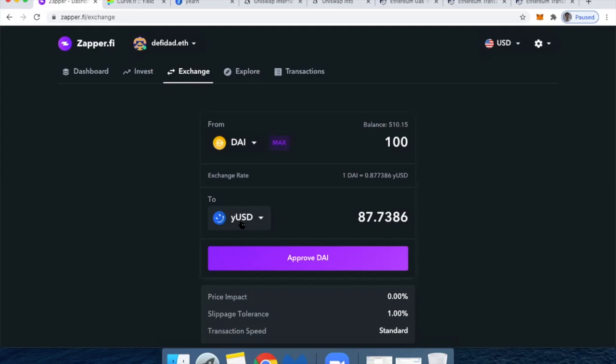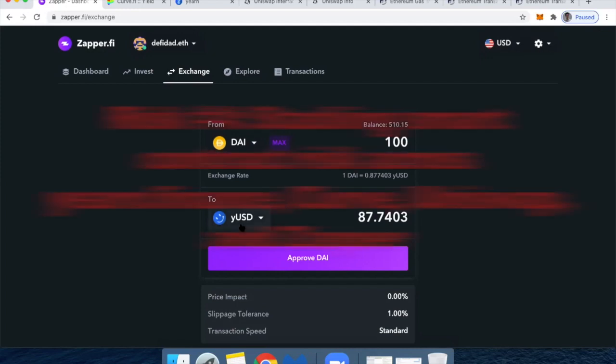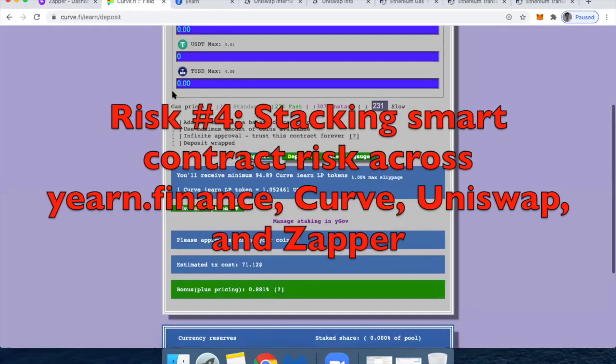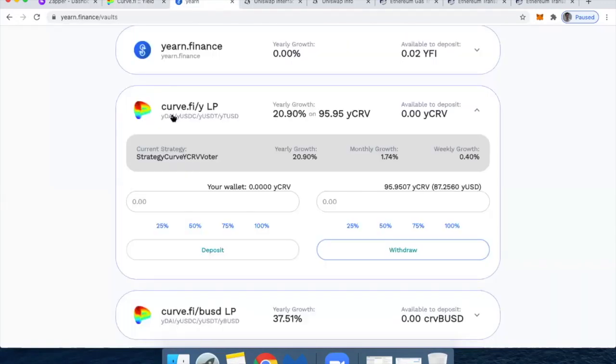Another risk I didn't call out in terms of smart contract is just the fact that we're stacking multiple platforms here. So by holding yUSD, I'm exposed to Curve smart contracts. I'm exposed to yearn.finance smart contracts. And I'm also exposed to Uniswap.